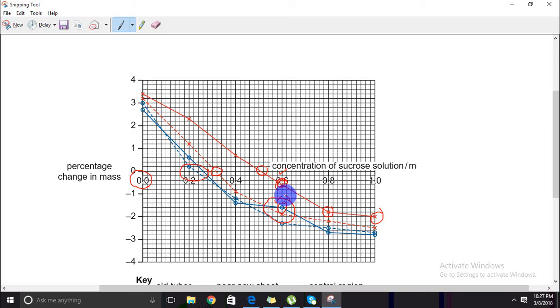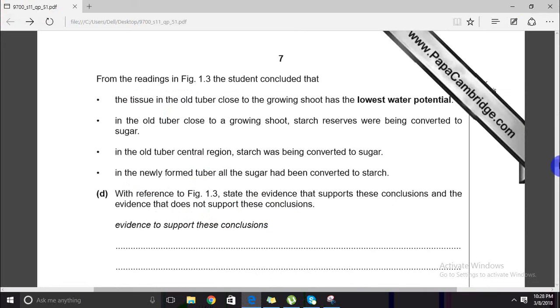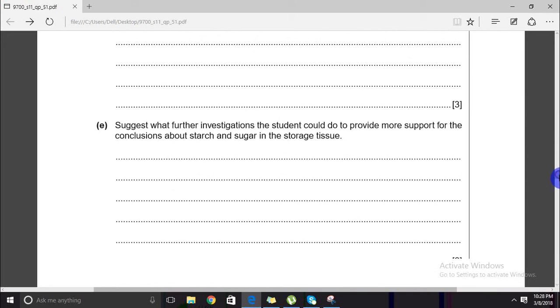So if starch reserves are being converted to glucose, we would expect a lower water potential. But at this point, the old and the new tuber actually has a high water potential, and this is all that we can conclude at the moment.